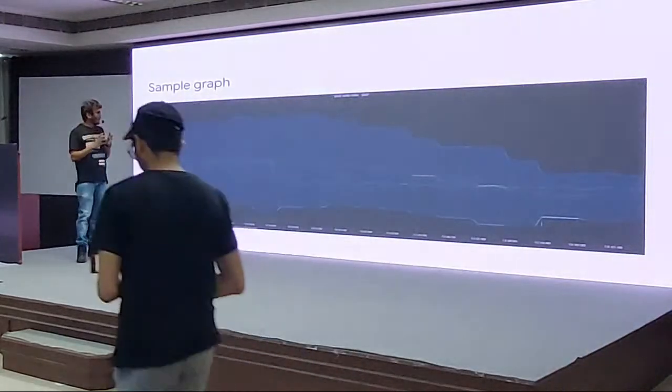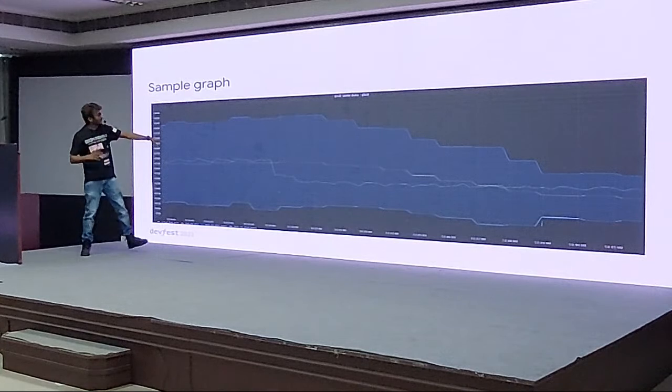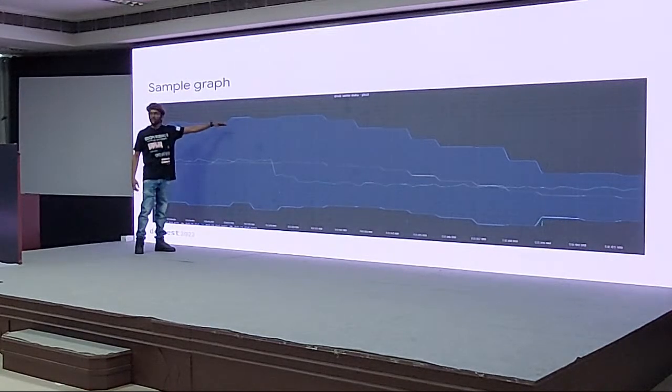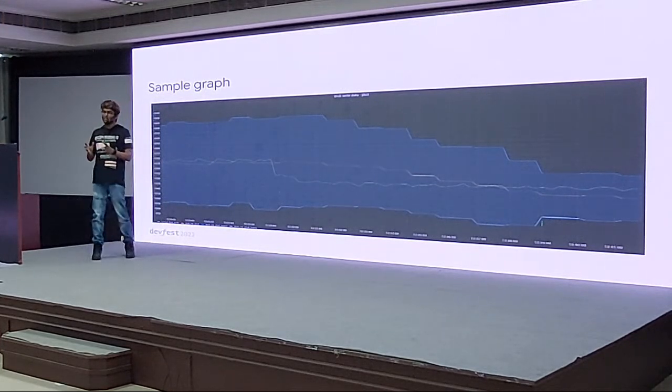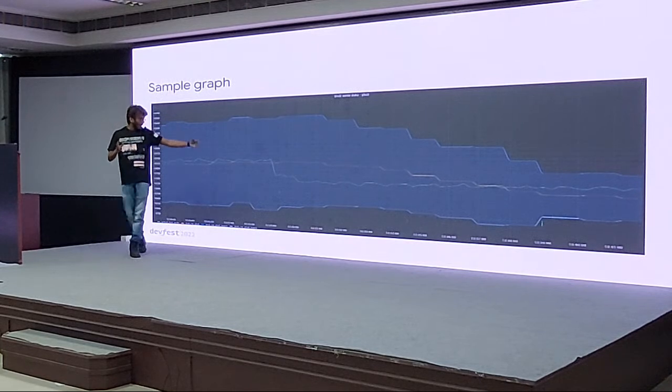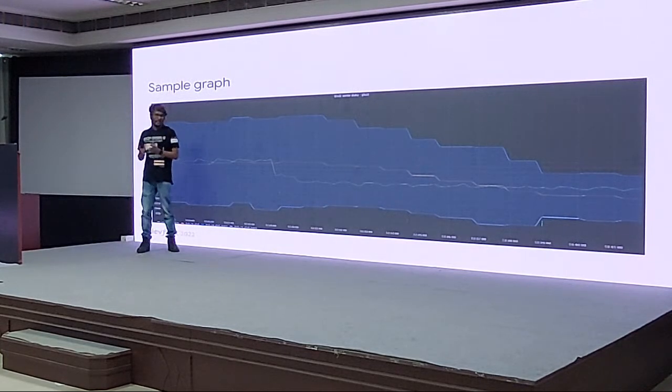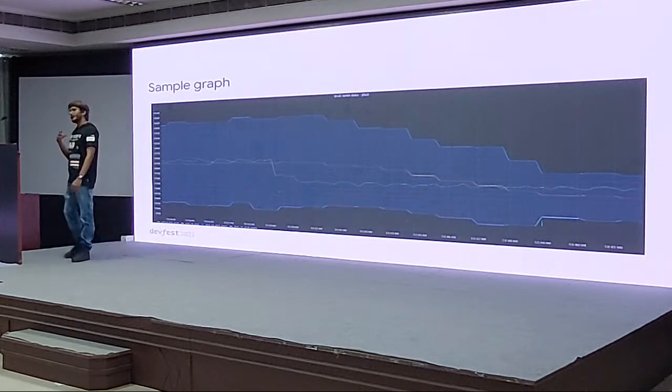What I have plotted here is: the upper blue line is the y hat upper, the lower blue line is the y hat lower, and the yellow is the y hat which we have predicted, and green is the actual data.